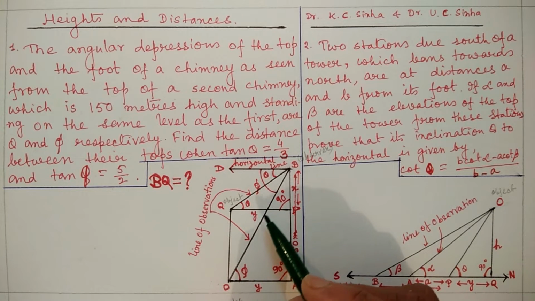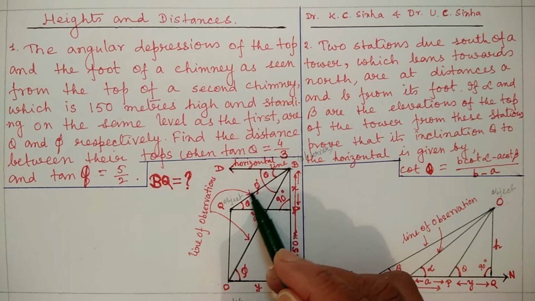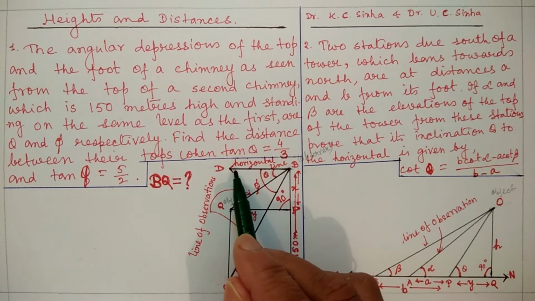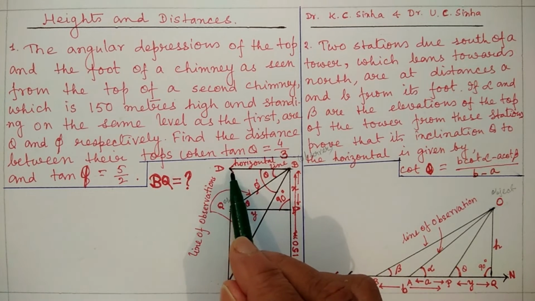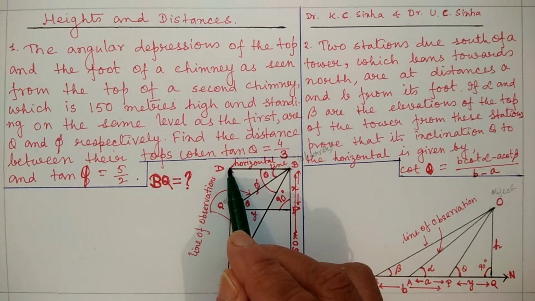Now, friends, we know that the angle of depression or angle of elevation is formed between the horizontal line and the line of observation. So here we have the lines of observation, and we have to draw one horizontal line. BD is drawn parallel to the horizontal line. So BD is the horizontal line.